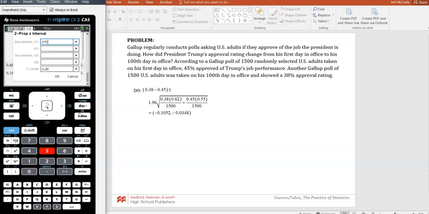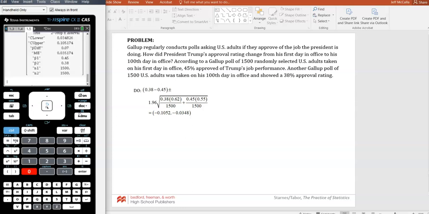You get 675 out of 1,500, and then 570 out of 1,500. And I believe it was the 95% confidence level. Yeah, that sounds right. Okay. So it gives you the lower bound and upper bound. And again, whether this is positive or negative depends on which one you plugged in first.